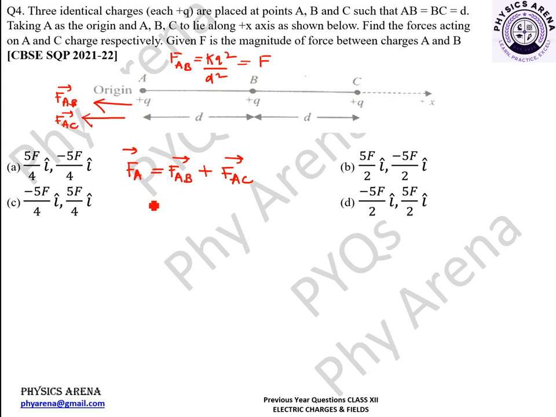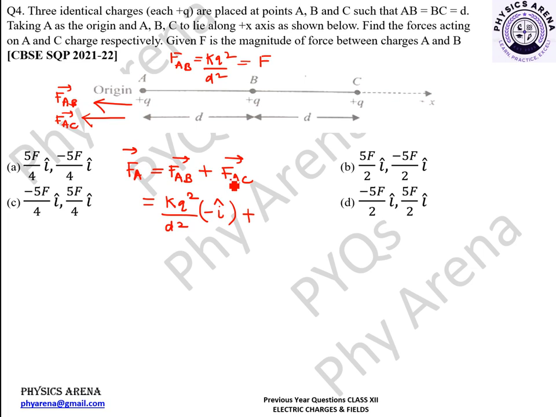Now I can solve it out. So FAB can be written as K Q1 Q2, and here Q1 and Q2 both are Q. So we can write Q square divided by the distance between A and B, that is D square, and it is towards the negative x-axis. So I will write minus I cap plus FAC.